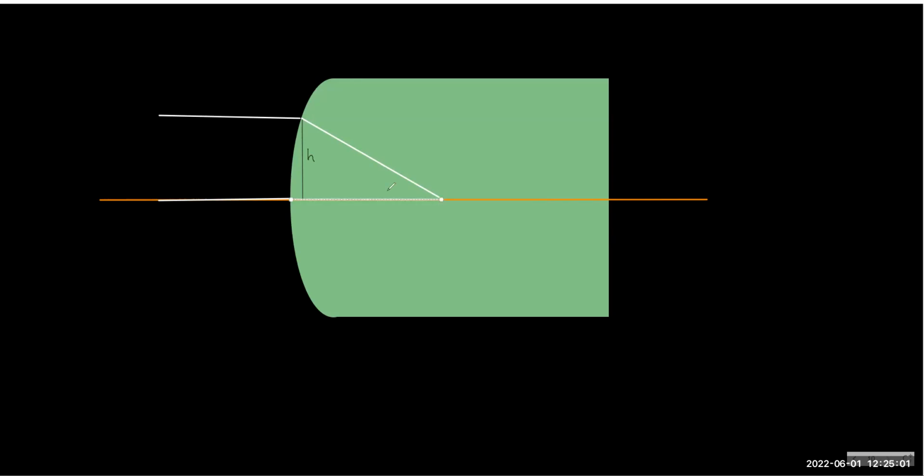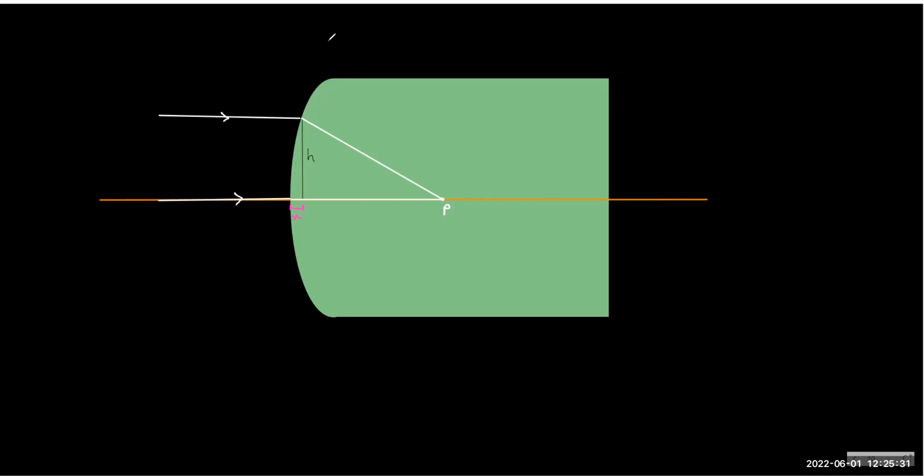Let's say it forms the image at this point P. Now the rule is, if I call the gap as x, the height is h, then the time that the light ray will take.